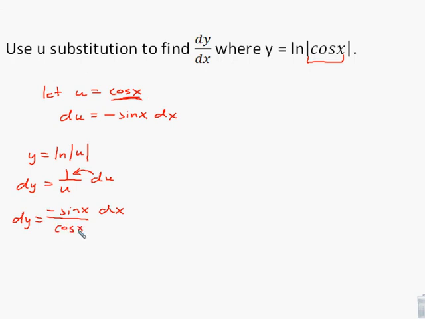Dividing both sides by dx gives us dy/dx equals negative sine of x over cosine of x, and we should recognize sine x over cosine x as one of the identities that we use often. Sine over cosine is really tangent, so our answer is negative tangent of x. And so that's the derivative of that.